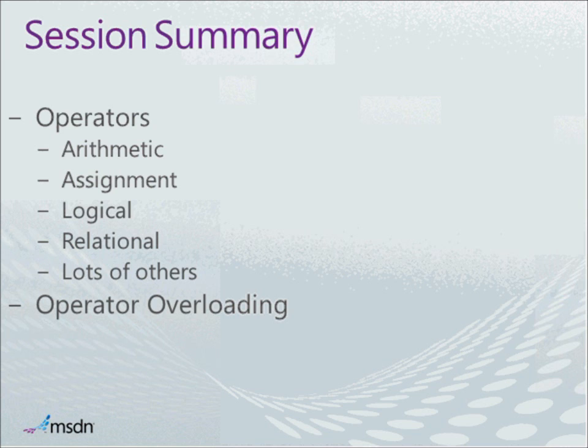And if you find one that is close to what you need but not exactly what you need, you can always fall down to the very last thing, where you can actually create your own idea, your own concept of what that operator should do for your particular set of code or your particular instance using the mechanism of operator overloading.